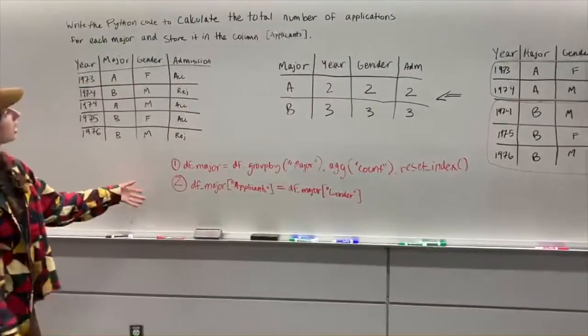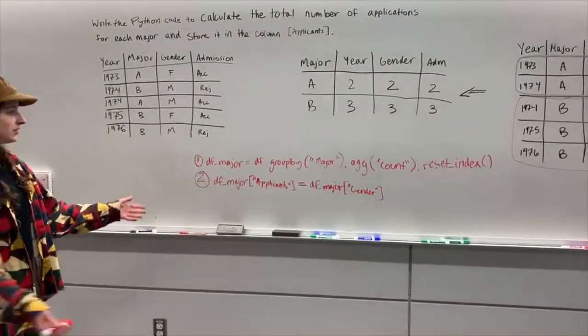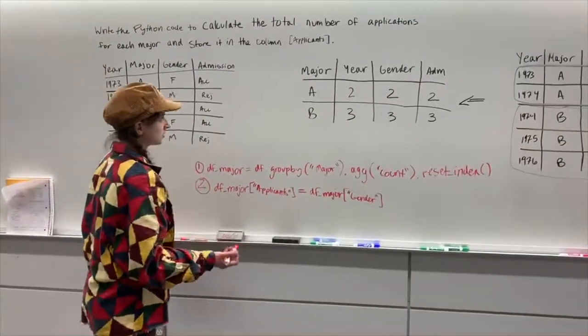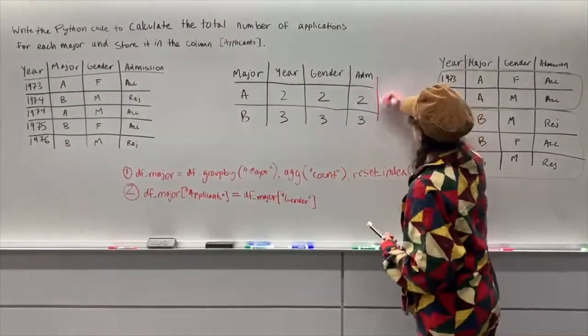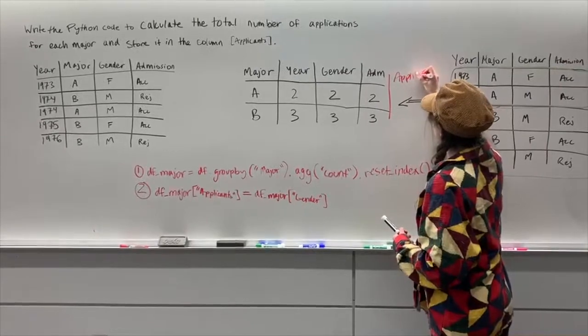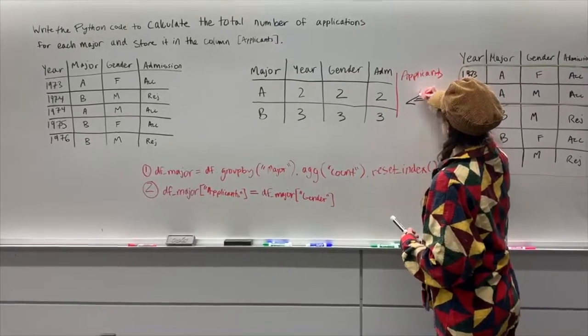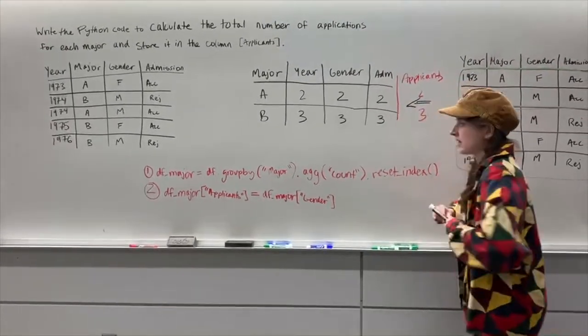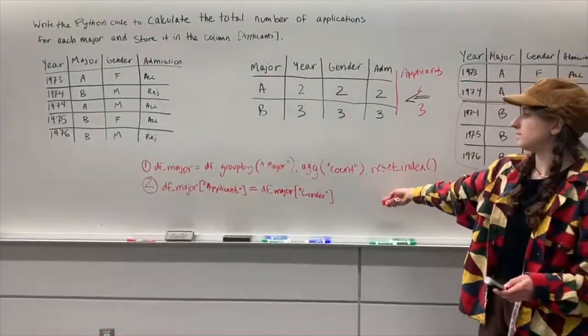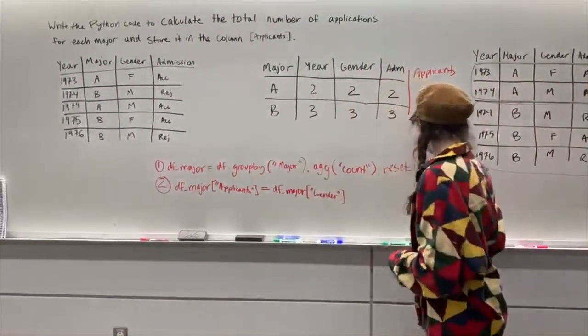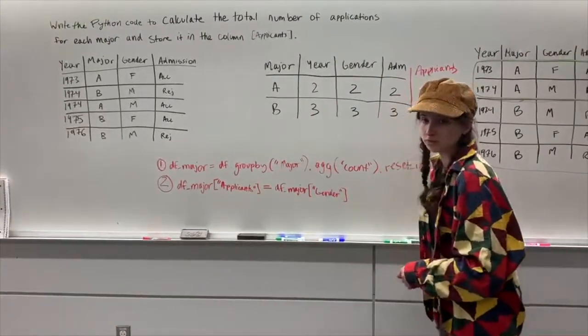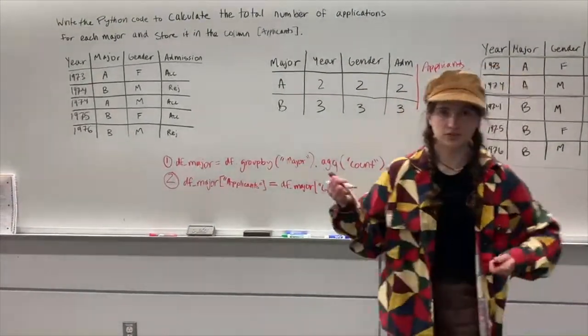So now you have this new column and the information is stored. It's going to look like all the rest of them. It's just going to look like 2, 3. And now that you have this, I think the question asks you to store it in a data frame called df applicants.